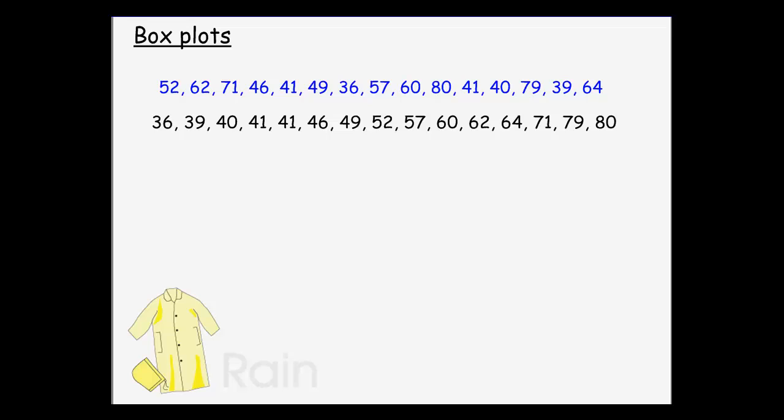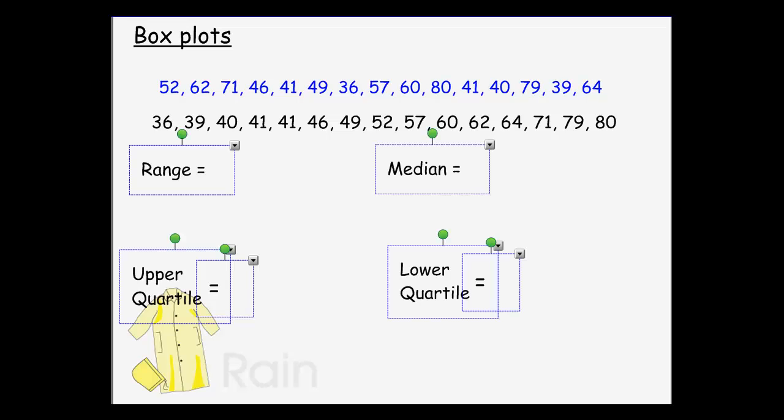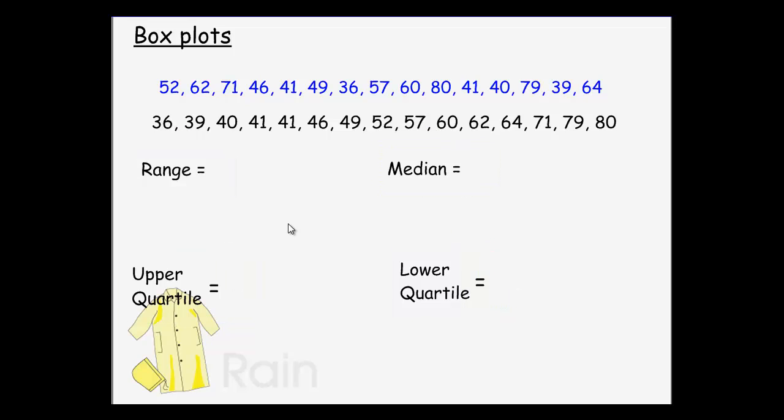So once we have that, we can then work out the range, the median, upper quartile and lower quartile. So the range, once again, is just going to be the biggest number, take away the smallest, which is 44. The median, we want to find the middle number.